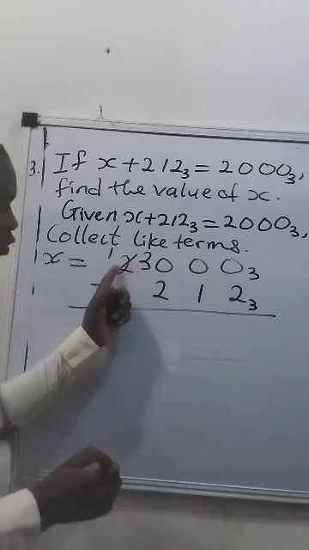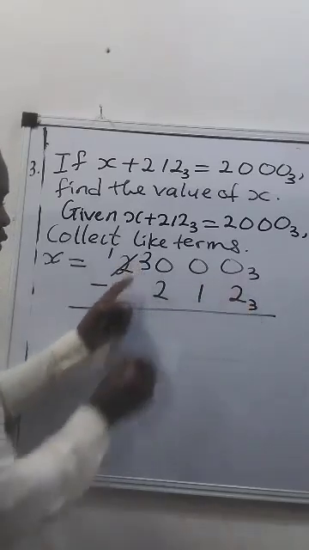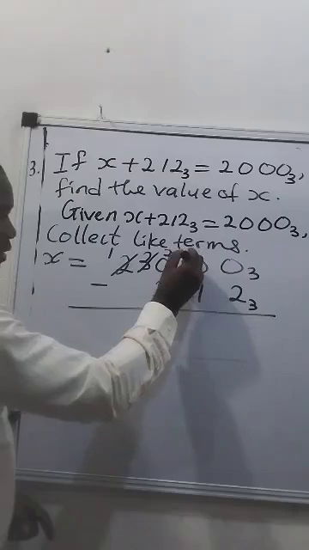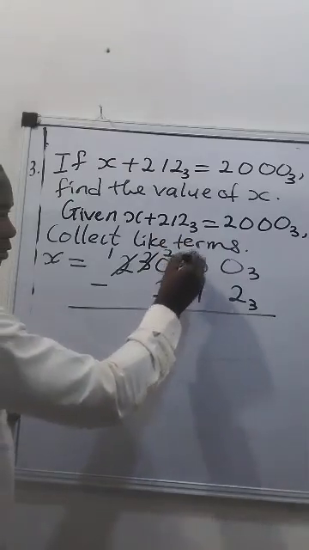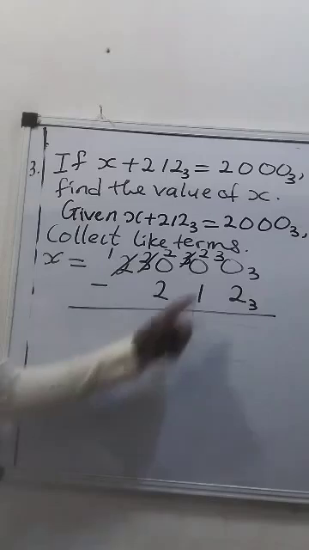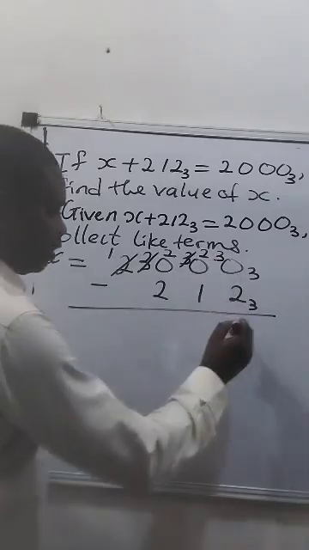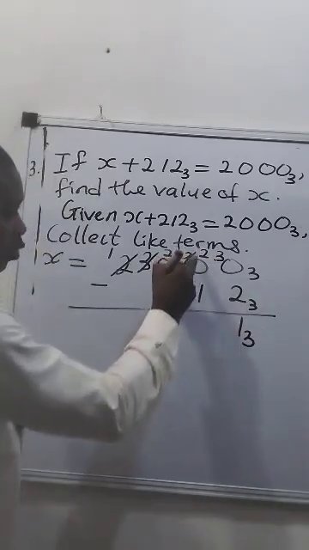The one I took from here is equivalent to the base. Take note, please. So I will take 1 from 3 again, remaining 2. So I will bring it here again. That is 3. I will take 1 from 3. We have 2. Then final destination. 3 plus 0 is 3. So 3 minus 2 will give us 1. Base 3. 2 plus 0 is 2.